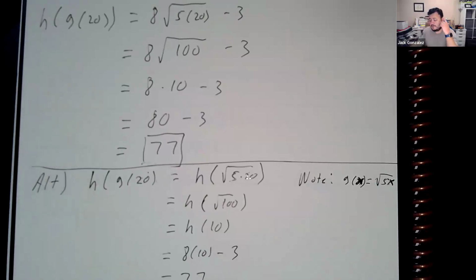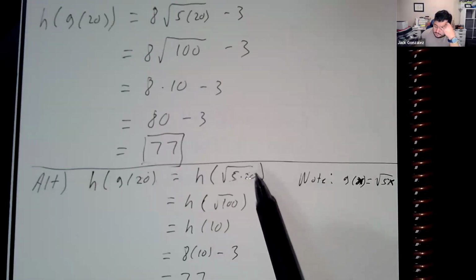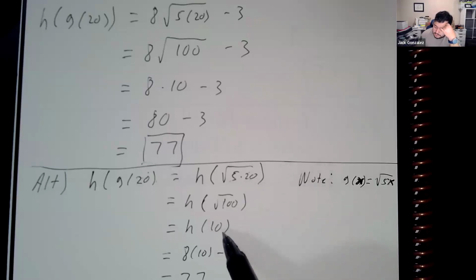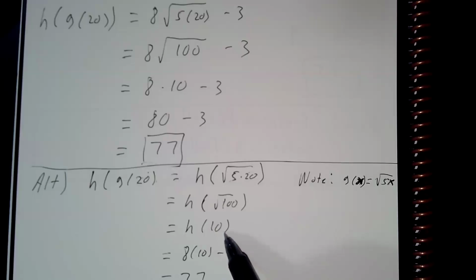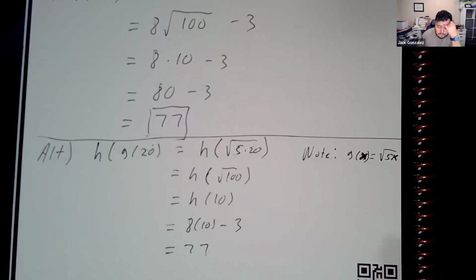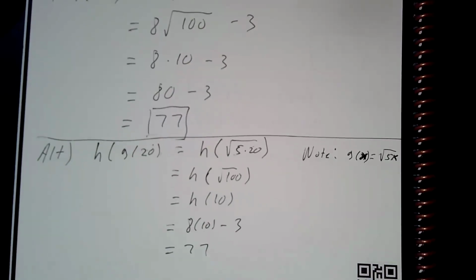So you could do it all at once, like so. Plug it into the G first, get a result, plug that result, which is 10, right? Mm-hmm. Into H, and then get a result. That's 77. It's all the same. So it looks shorter, but it's compressed together.